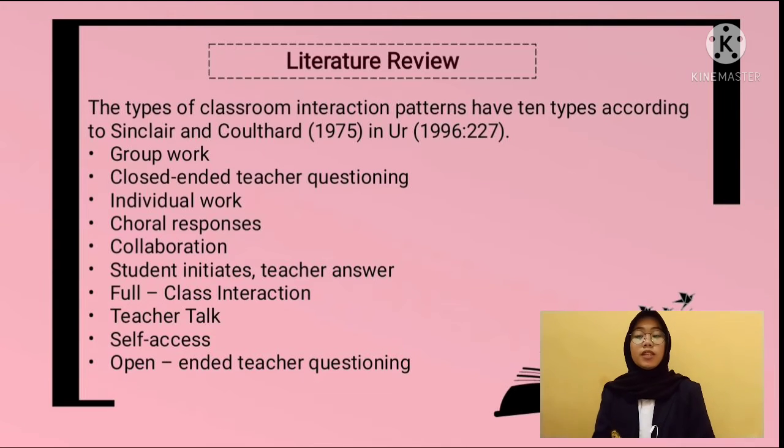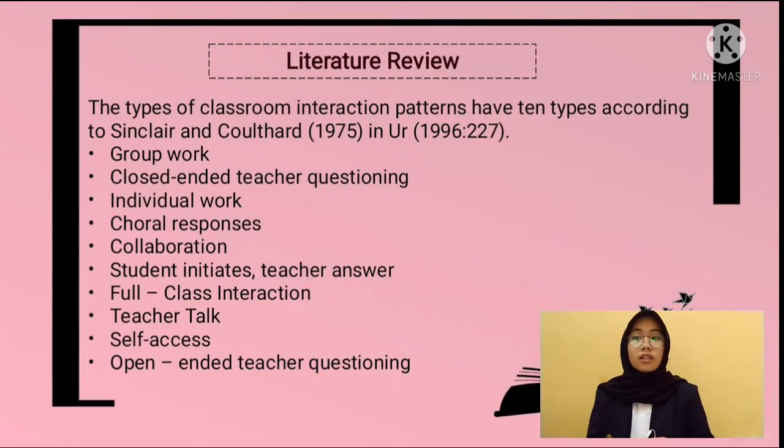Here, I want to explain about the literature review in this chapter. In the learning process, there are classroom interaction patterns that can be applied by teachers and students in the classroom. The types of classroom interaction pattern have 10 types according to Sinclair and Coulthard 1975, in 1996.